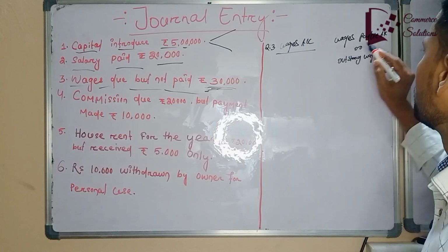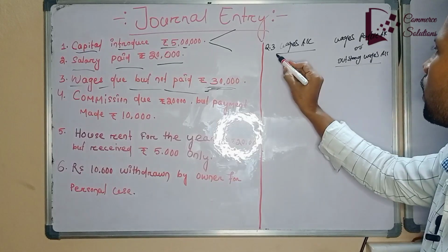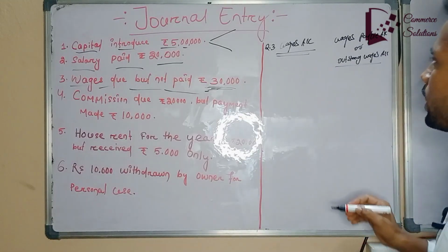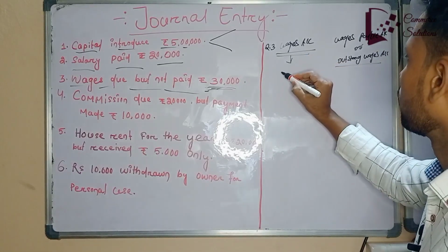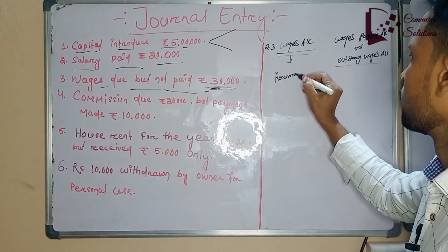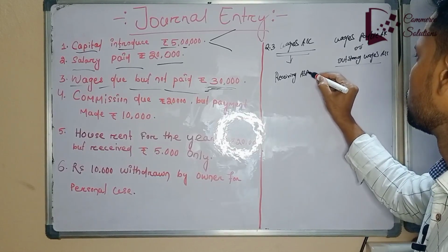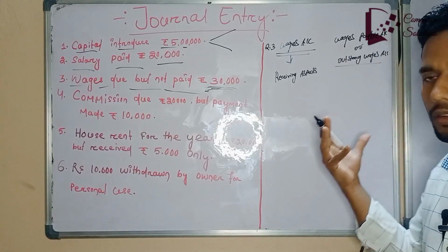This is the accrual entry. Here we are receiving the effort of the worker. That's why it is the receiving aspect. In return, we have to pay that.